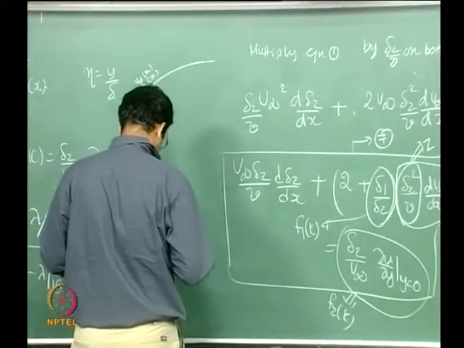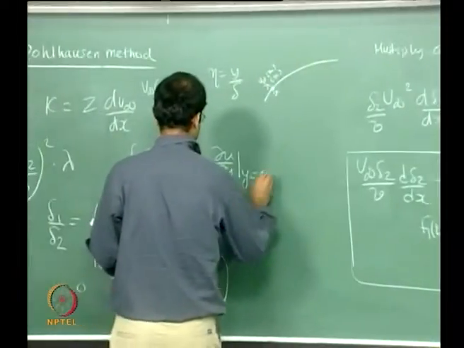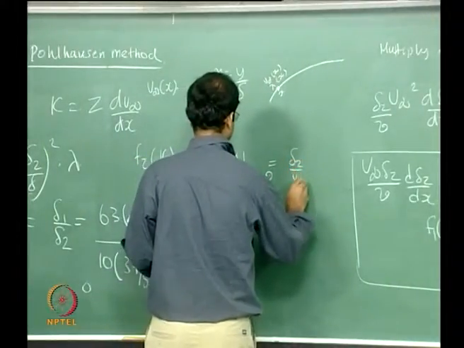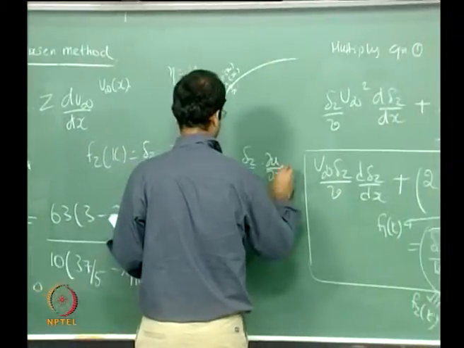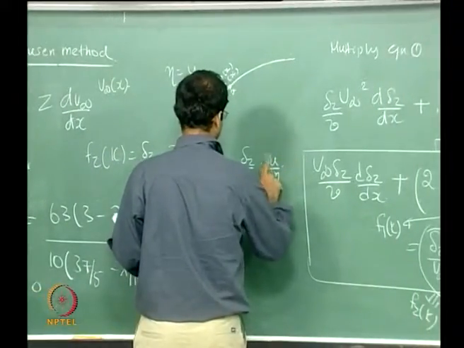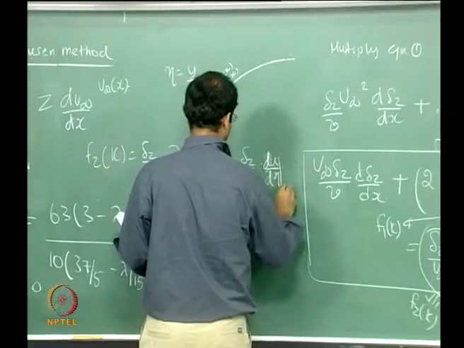So this is nothing but delta 2 by u infinity into du by d eta into d eta by dy at eta equal to 0.